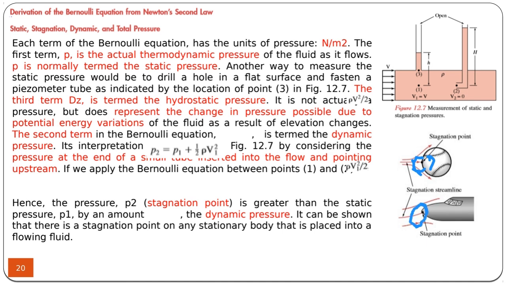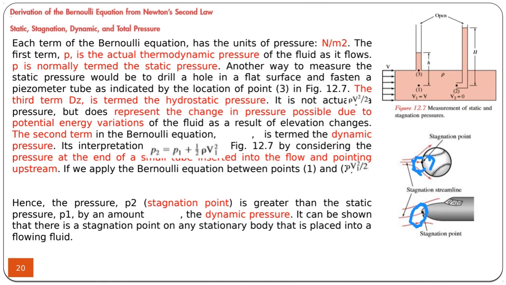And other streamlines follow the path of the ball, or follow the shape of the aircraft. So it means that now that the total pressure must be constant, what do you expect the pressure at the stagnation point?